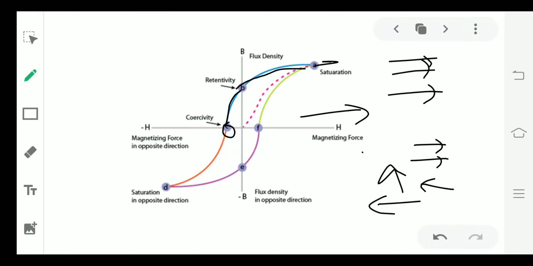Now the same thing will happen in the negative direction also. On increasing the force in the negative direction, the magnetic flux density in this direction also increases, and at a certain point all the ferromagnetic domains align themselves in the direction of the magnetic field.